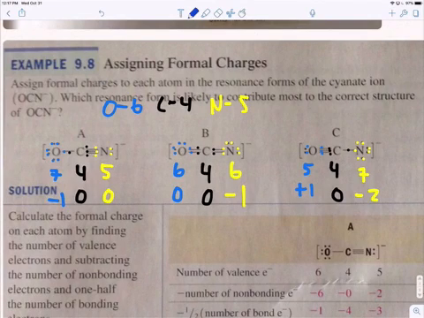So we have OCN with oxygen single bonded to the carbon, carbon triple bonded to the nitrogen. That's one possibility. Possibility B is oxygen and nitrogen both double bonded to the carbon. And option C, oxygen is triple bonded to carbon and single bonded to nitrogen. Those are our 3 different possibilities.